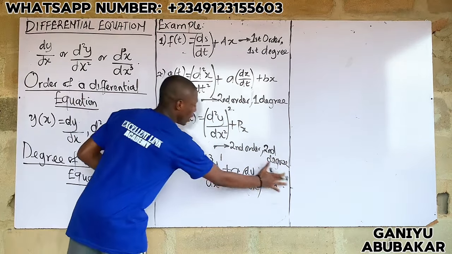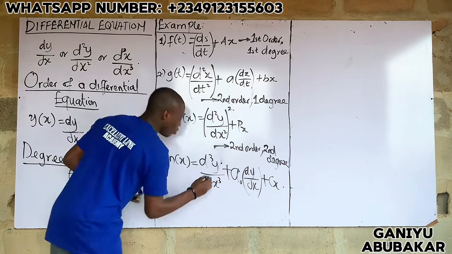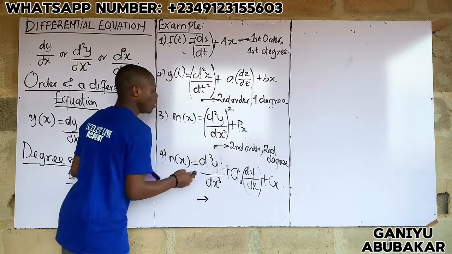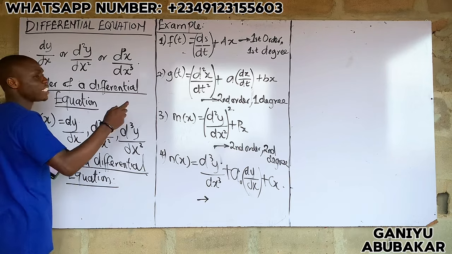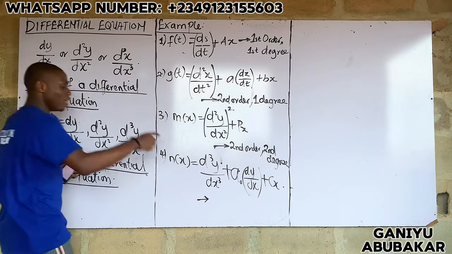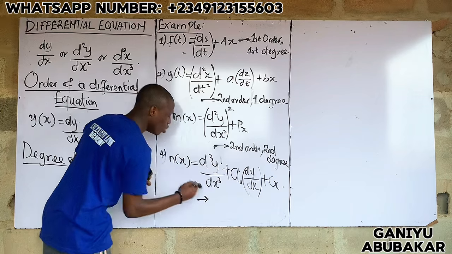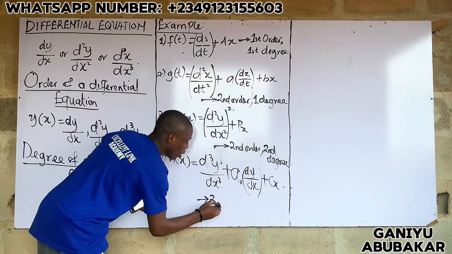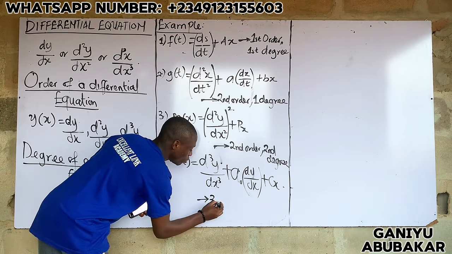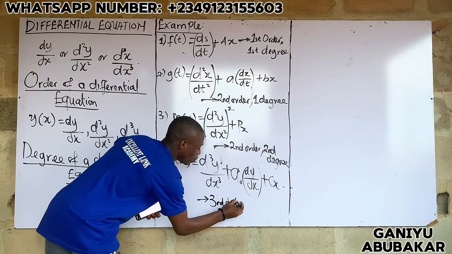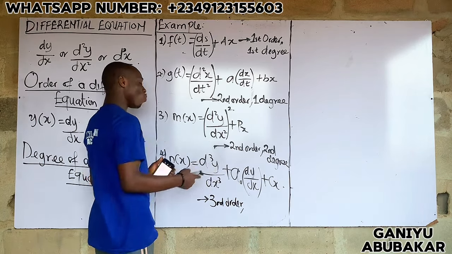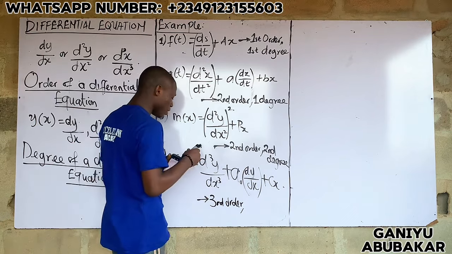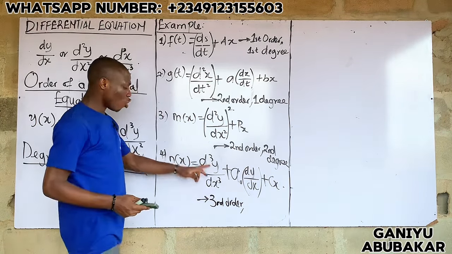So how to solve this particular problem. Looking at this equation here, what's my order? We said when it comes to order, I'm looking at the differential coefficient that has the highest power. This one has the highest power, cube. So I have third order. We said this is third order, right?